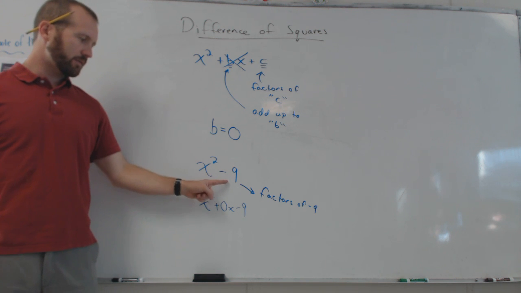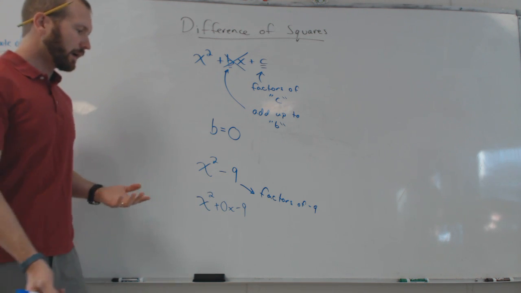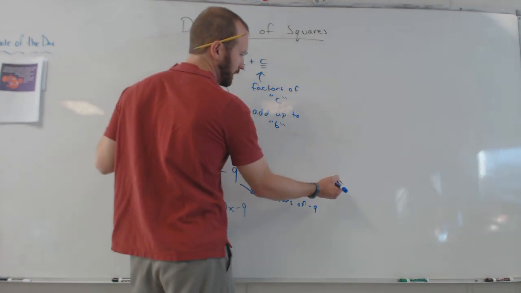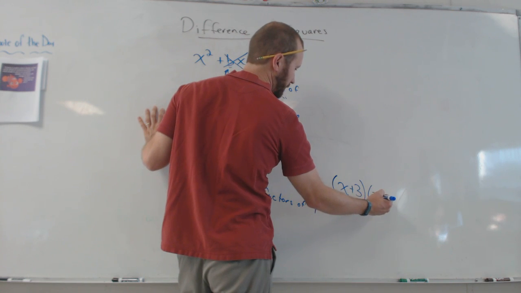So factors of negative 9 that add up to 0. 3 and negative 3 jump right to mind.